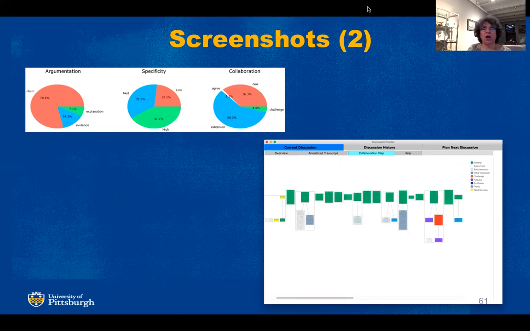Again, the argumentation pie chart would suggest that students are making a lot of claims and aren't really backing them up with evidence or backing up their evidence with explanations. This other screen is a way of trying to show how the argument structure proceeds, taking into account different student contributions to get a global view of what's going on in the class over time.